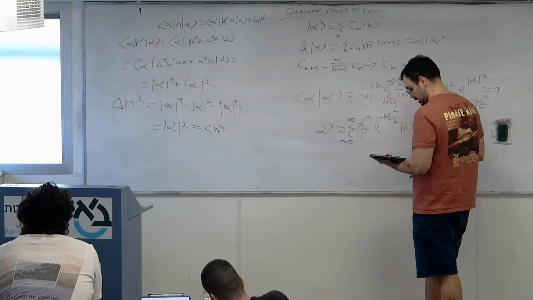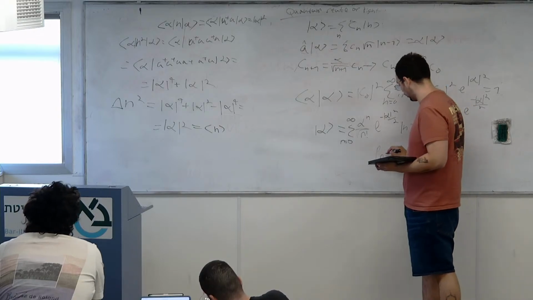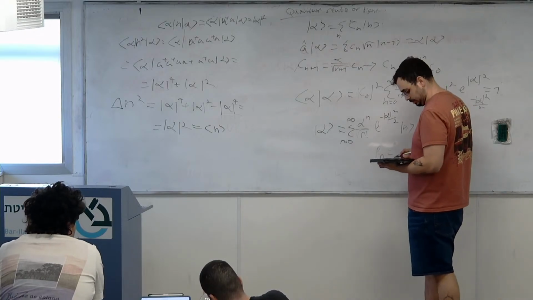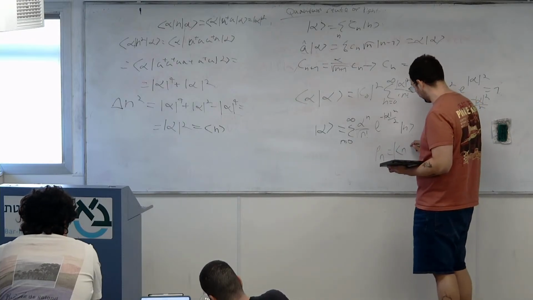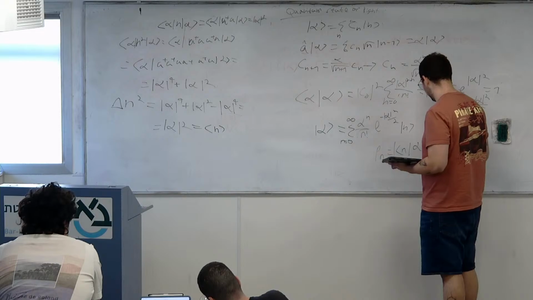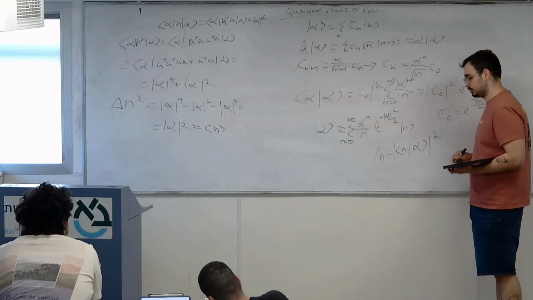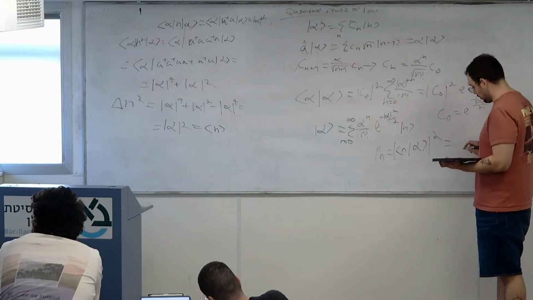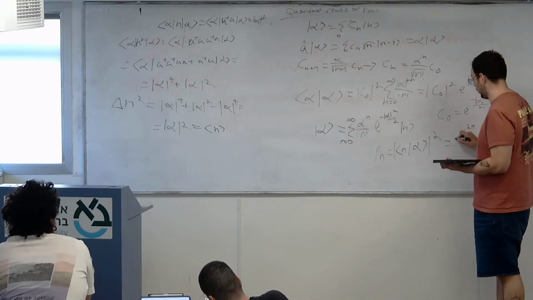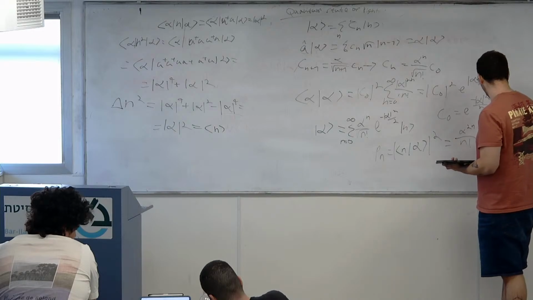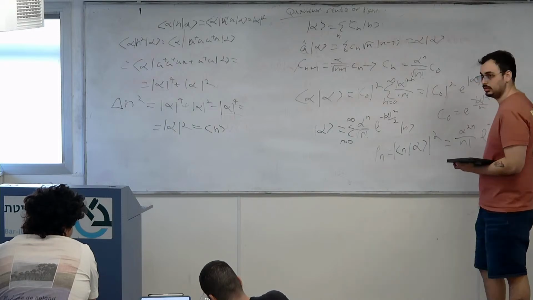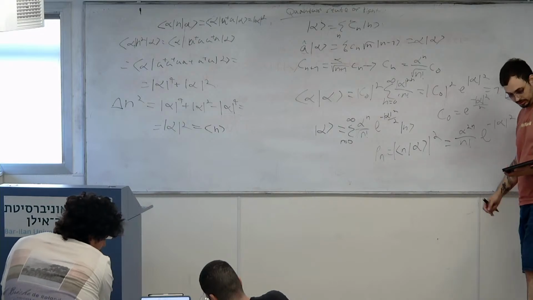And Pn, the probability of n, would be equal to absolute value of the inner product of n with alpha squared, just equal to alpha to the power 2n divided by n factorial times e to the minus absolute value alpha squared. This is a Poisson distribution.